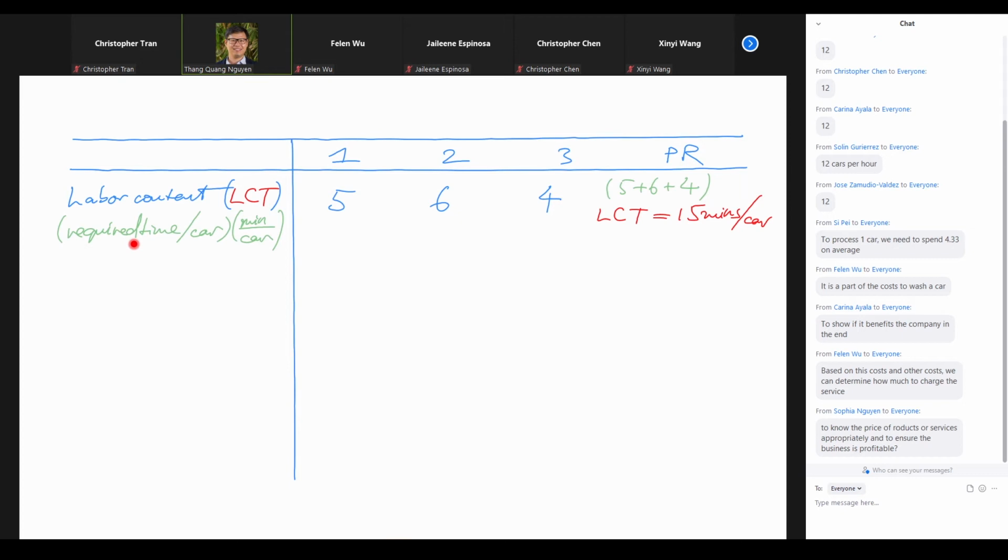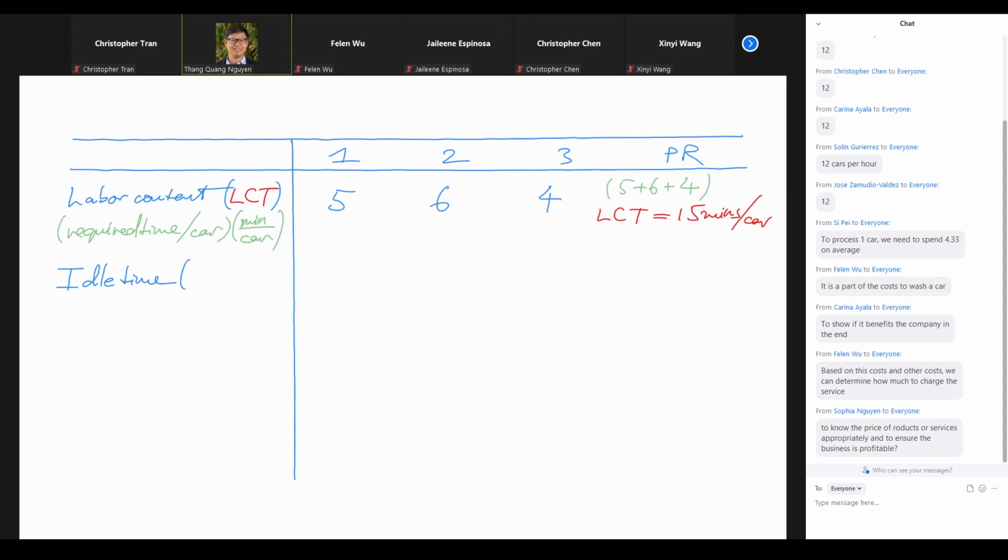All right, so the idle time, the next line here, is we can calculate the idle time. The idle time tells us how many minutes per car that the workers do not have to work. That's why we call it idle time, right?